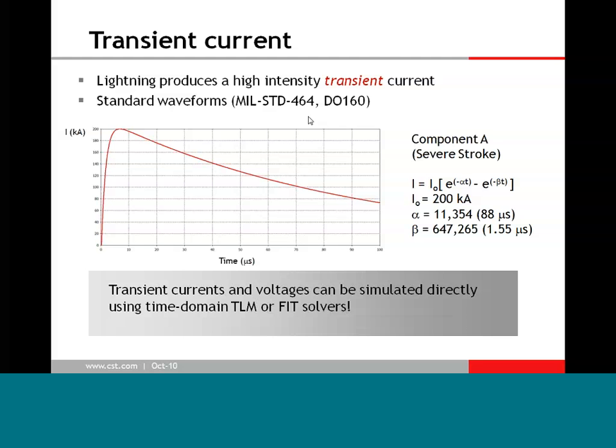So it's a slow, transient kind of phenomenon. Being a time domain effect, it's natural to simulate this directly in the time domain using CST's transient solvers, either the TLM or the FIT solvers can be used for this class of problem.